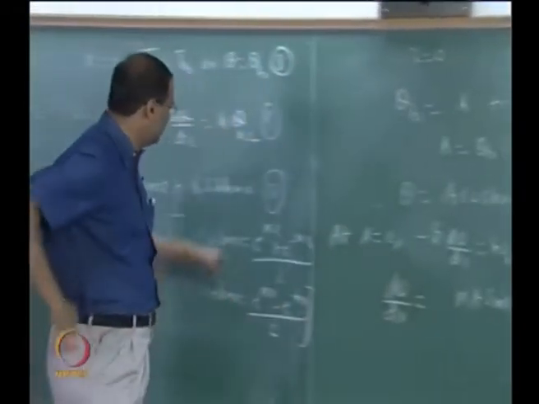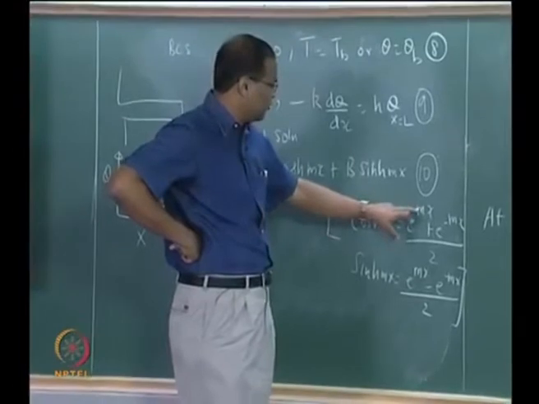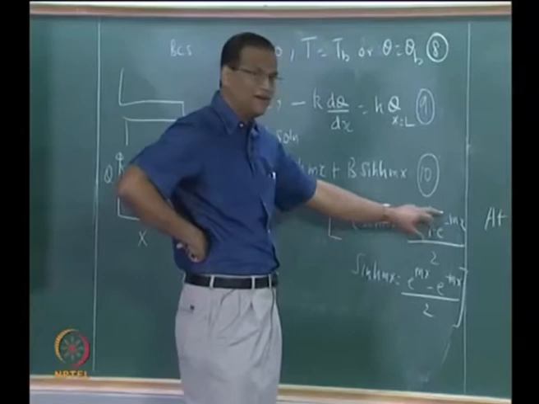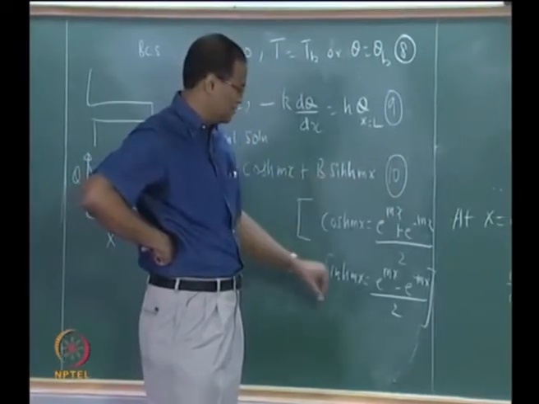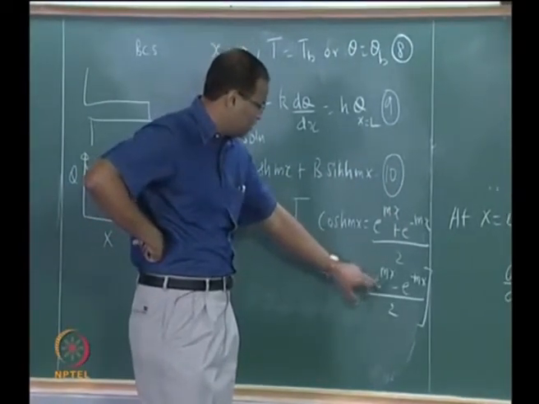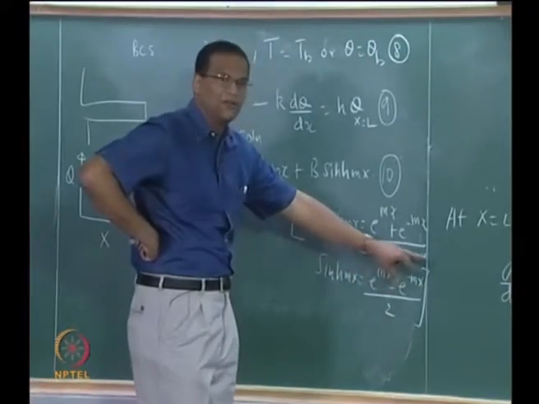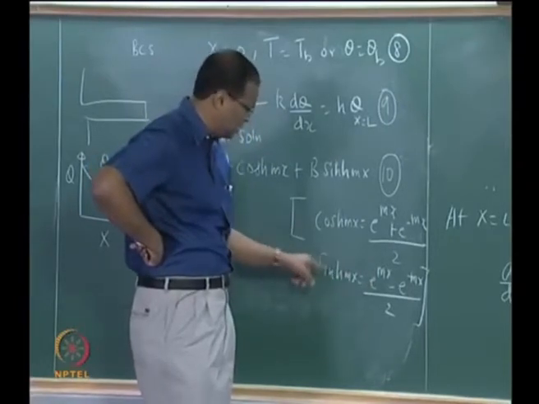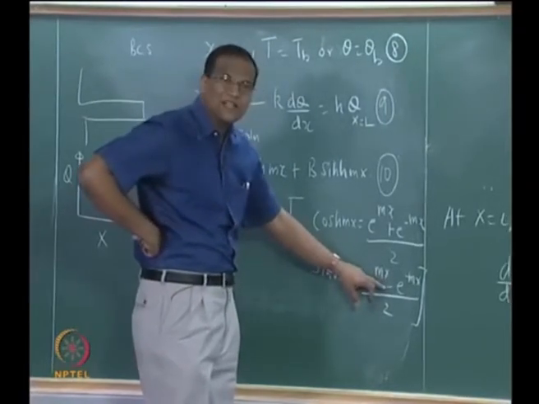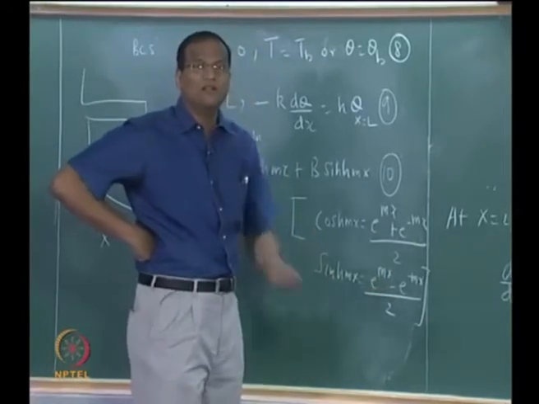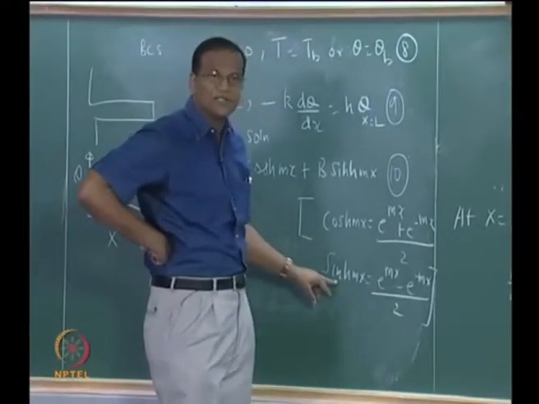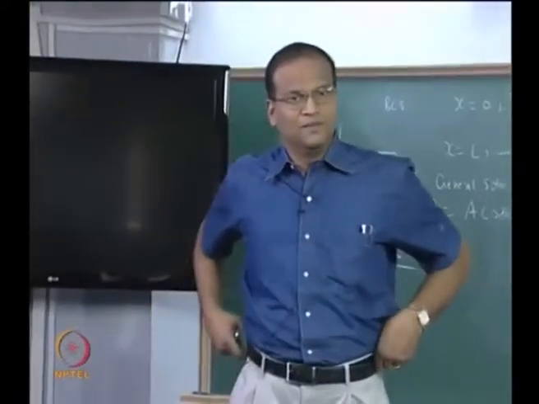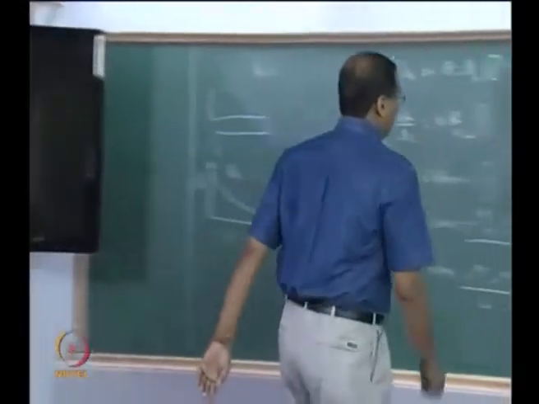D by dx of cos h will be e to the power of mx minus e to the power of minus mx, m will be there. Okay, so it will be m sin h mx. This will be m e to the power of mx plus m e to the power of minus mx divided by 2. M you take out, it will be sin h will be m cos h mx. Because there is a minus sign, you will be tempted to believe that it will be minus cos h mx. It is not. Okay, it's cos h mx.